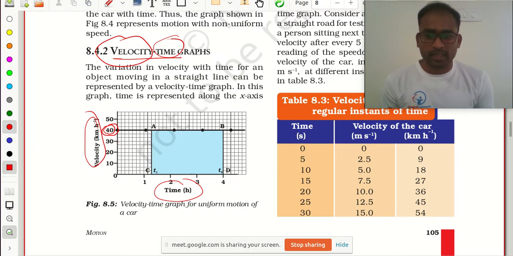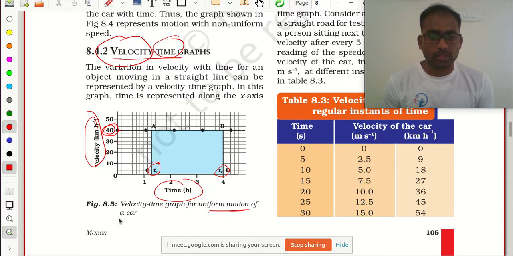So I can take this line like this. Understood? Now I have time instants t1 and t2. I need to calculate the velocity between t1 and t2 for a uniform motion of a car.